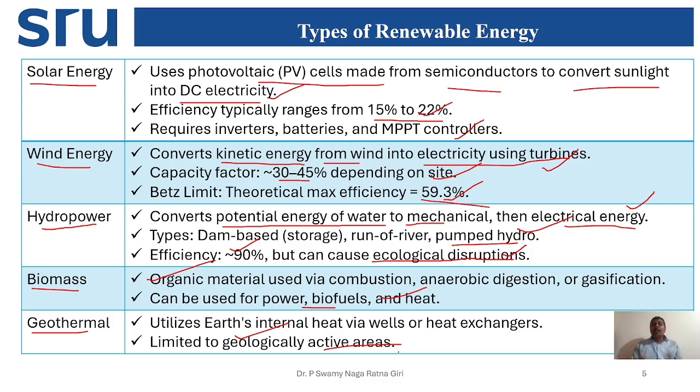If a large amount of biowaste is available, that biowaste is converted into biomass, which is useful for combustion, anaerobic digestion or gasification. We can generate power as well as biofuels and heat. Then geothermal energy is one we have to search out, to locate the geologically active areas. That is the important point we should learn.